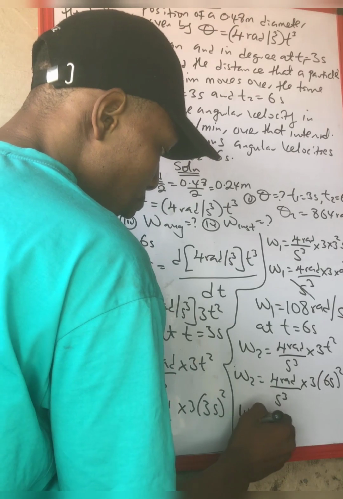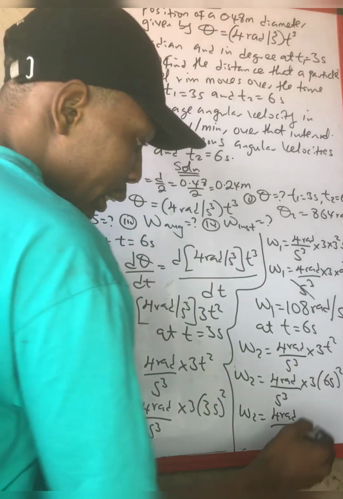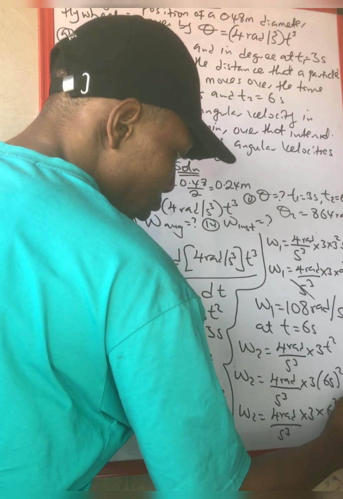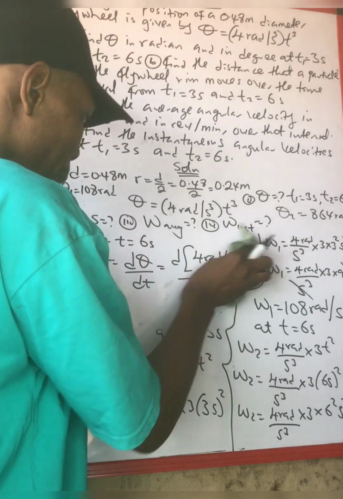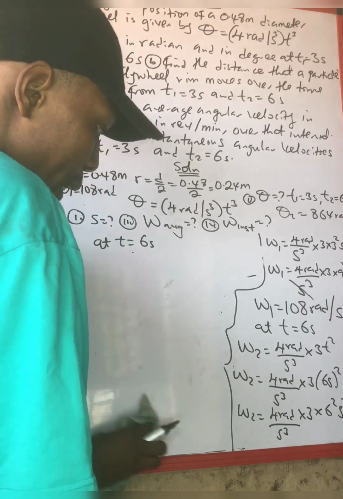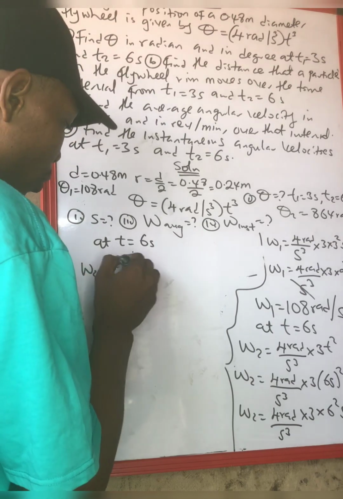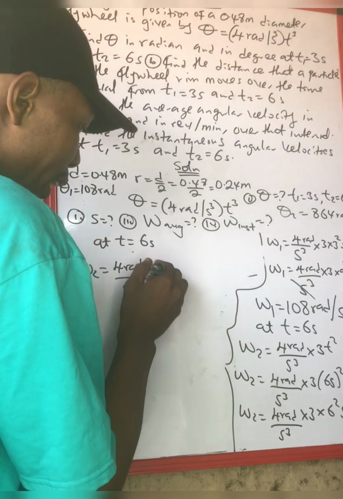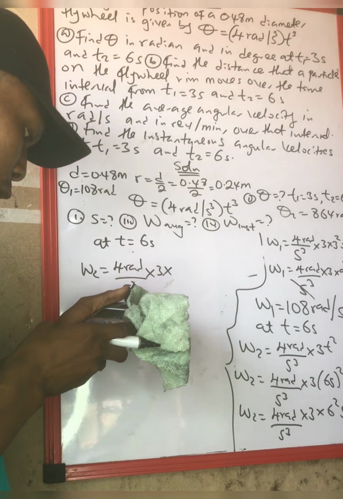So w2 becomes 4 rad over second cube times 3 times 6 square, then second square.